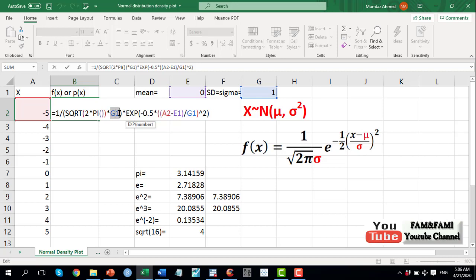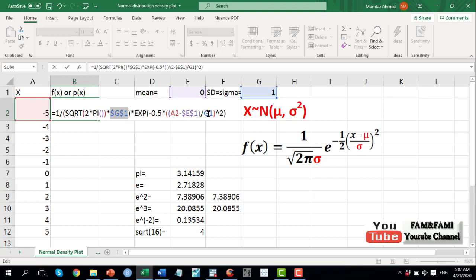But we don't want to change the cell G1 and this mean, which is located in cell E1. So we need to fix them by putting a dollar sign. Note that E is the name of the column, which is called the column heading. So put a dollar before the column heading, and this dollar before the row number 1. And similarly you need to fix this sigma as well.